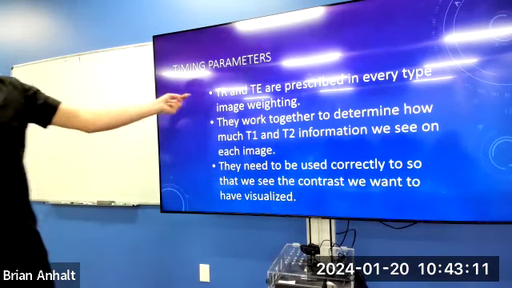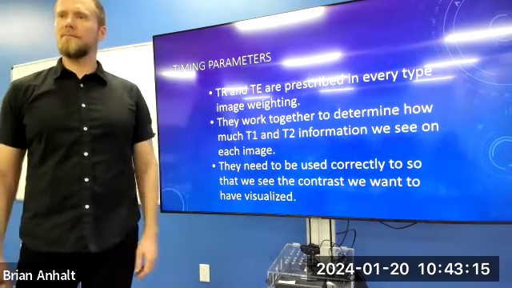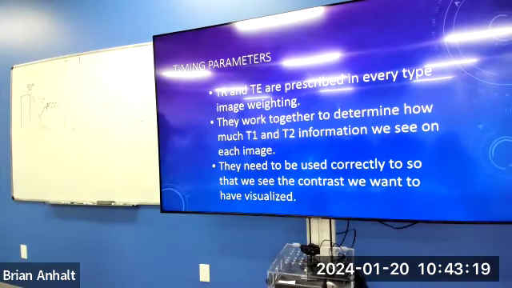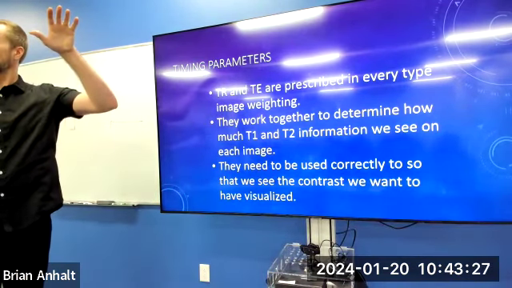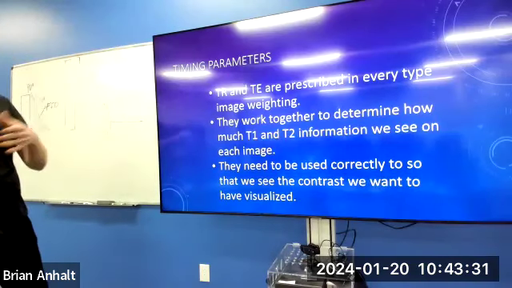So think about it this way: TR controls T1, TE controls T2. If I have a TR and a TE in every sequence and I want T2 weighting, I need to set my TR so that it eliminates T1 information. I don't want to set my TR to where it gives me T1 information.